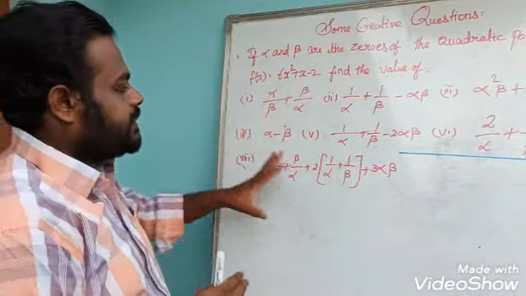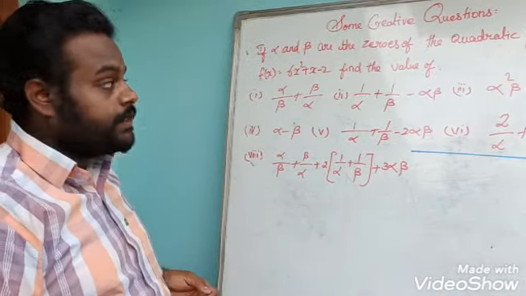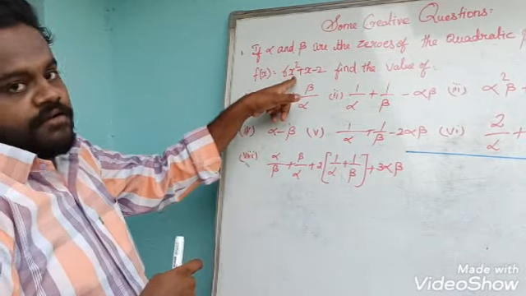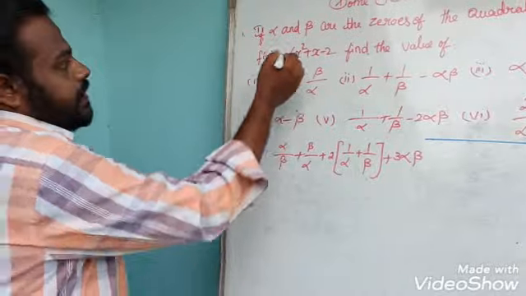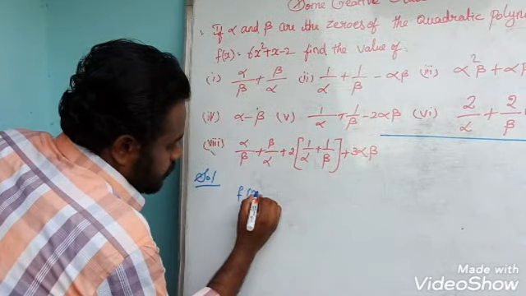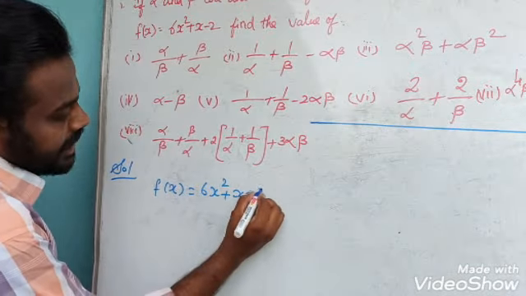Before we solve this type of question, first you have to find the sum of zeros and the product of zeros of the quadratic polynomial f of x. Solution. Here f of x equal to 6x square plus x minus 2.